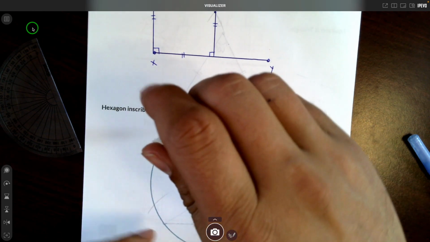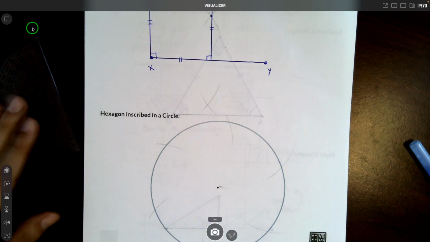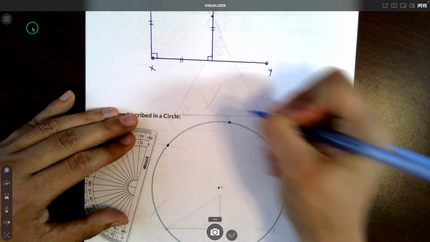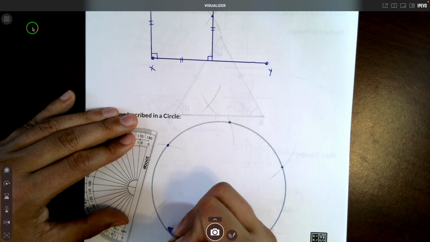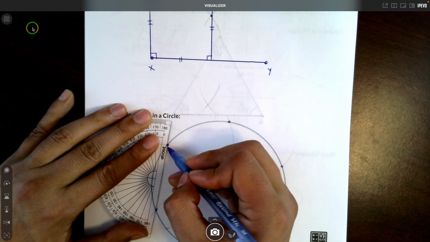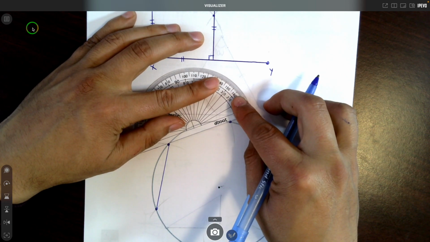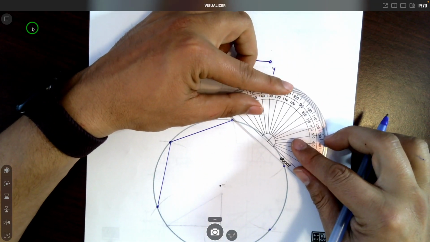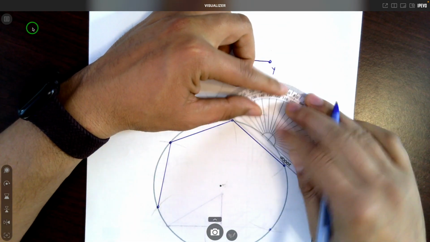And I think I might have made this one a little short. But that's okay. I don't know if you saw that, but it's not exactly perfect. But let's go ahead and draw the dots, our points. And we're gonna go ahead and connect them. And even though mine is not exactly perfect, it's okay. It should still be relatively close to perfection.